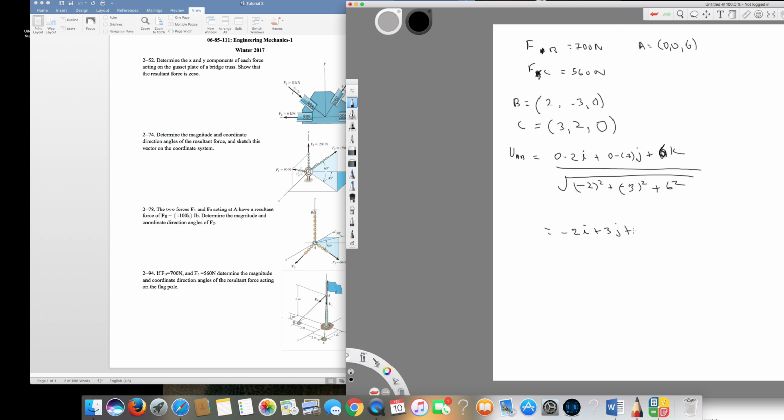plus 6k over, minus 2 square is going to be 4. 4 plus 9 is going to be 13. 13 plus 6 square, which is 36, is equal to 49. So the total square is 49. Square root of 49 is 7.